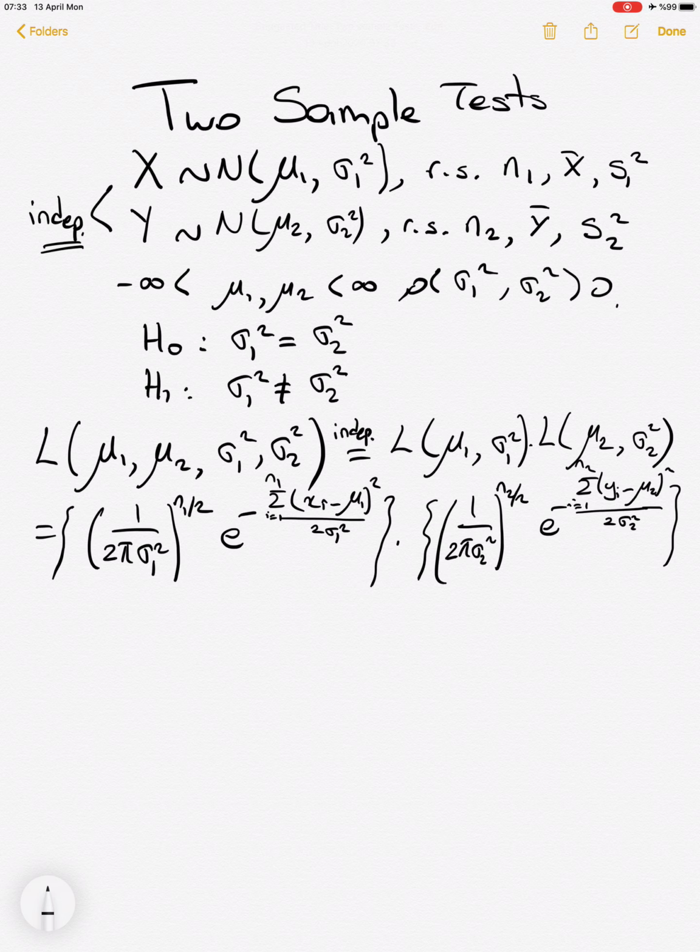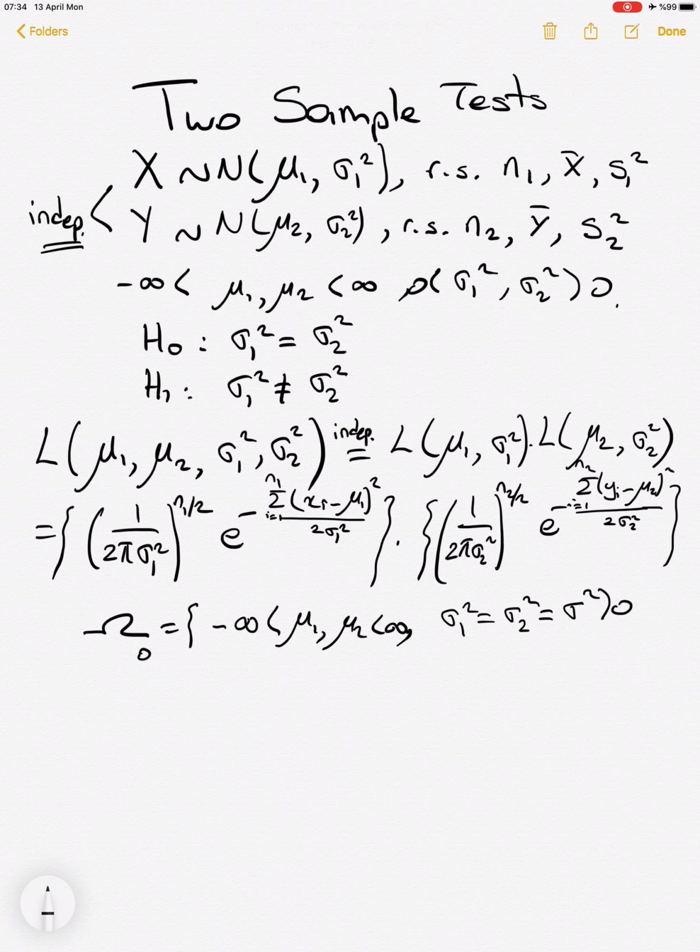Okay, so we have to decide after this. Actually, we have 4 parameters to estimate, both under the null hypothesis and the whole space, so we have 8 parameters to estimate in total. When we consider the whole parameter space, all mu1 and mu2 values are between plus and minus infinity, and under the null we know that sigma 1 square equals sigma 2 square. Let's say it's just sigma square, which should be greater than 0.